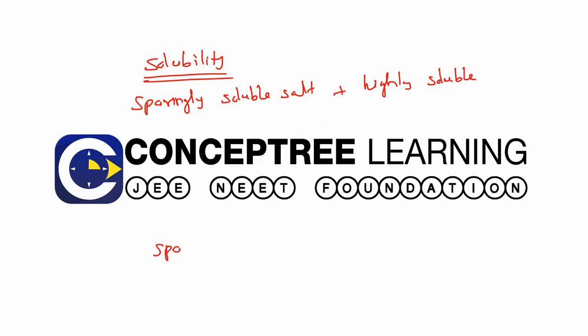Or we can have a combination of two sparingly soluble salts, which is like a combination of two weak acids. So we can have the common ion effect in both the category 1 type as well as the category 2 type.